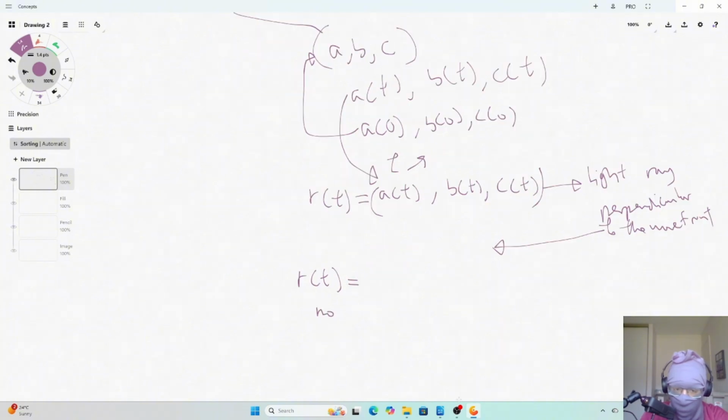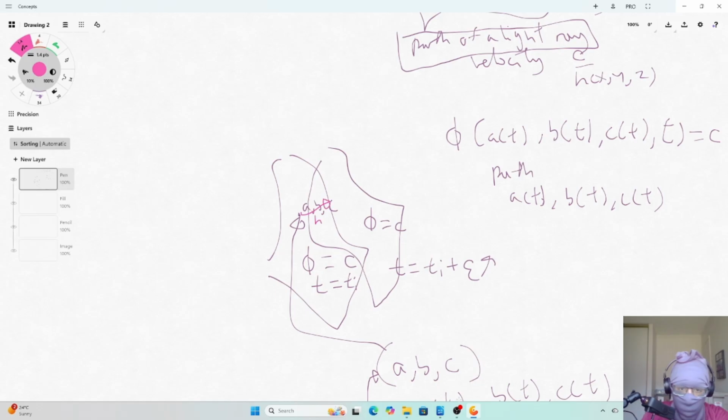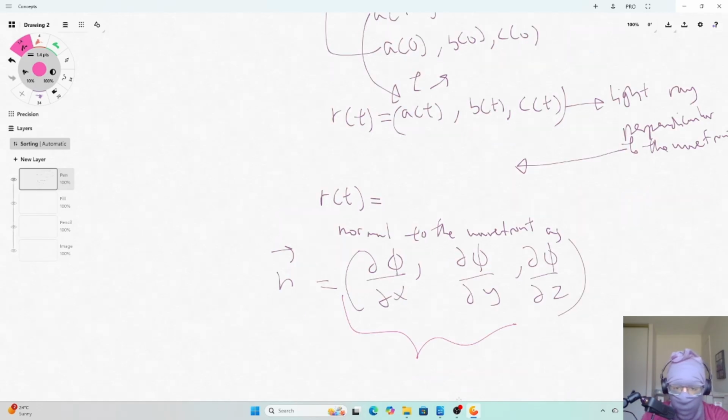Let's take a normal to the wavefront. This is the gradient of phi for t initial equals 0.